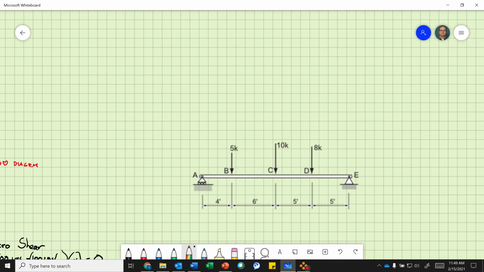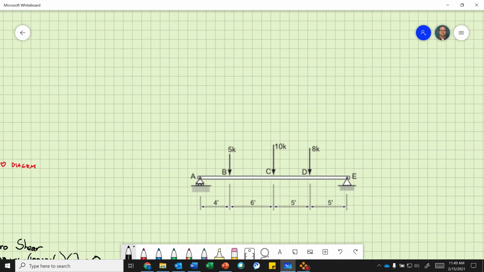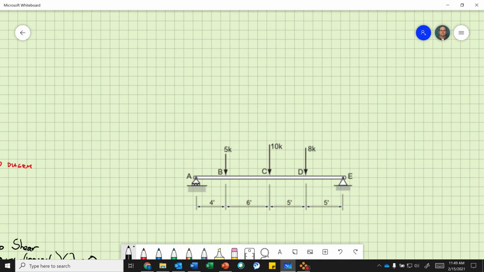Okay, so step one, solve reactions using original sign convention. So we need to create our free body diagram. So I'm going to use red so they stick out. So the reaction at point A in the y direction, we have the reaction at point E in the y direction.